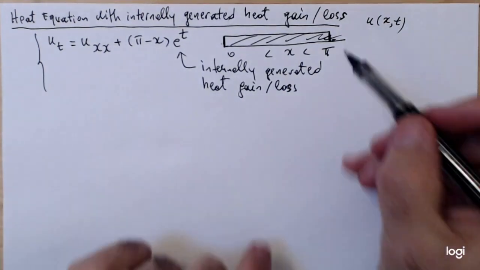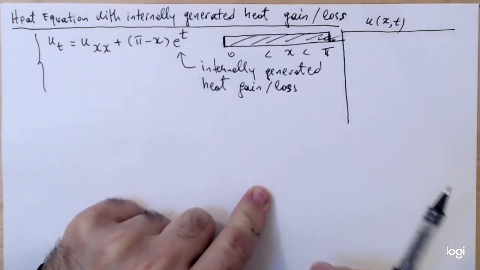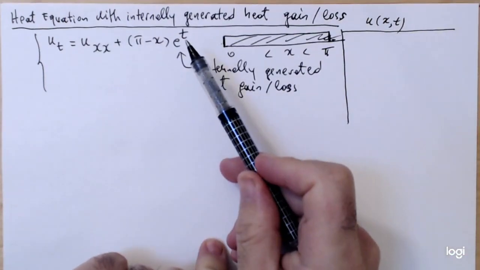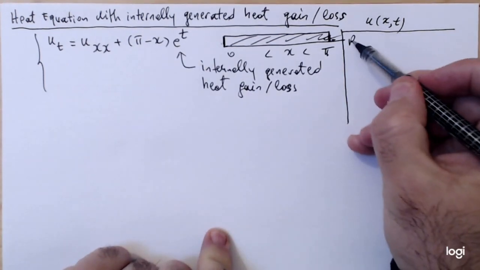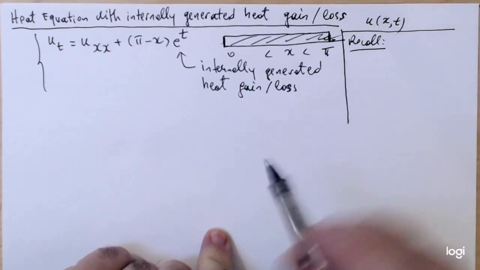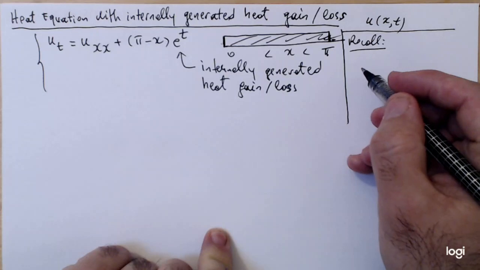And I want to emphasize that the way we dealt with the non-homogeneous equation before doesn't work in this case because of this T, because of this explicit term that depends on T. So remember that in the previous cases of non-homogeneous equations, you will make a substitution.